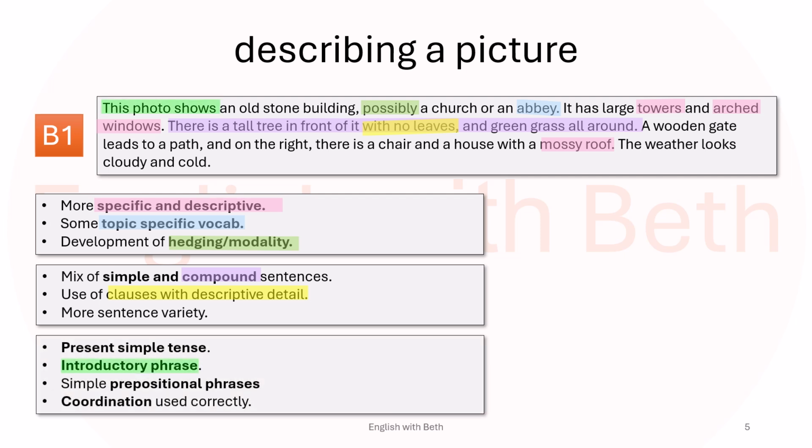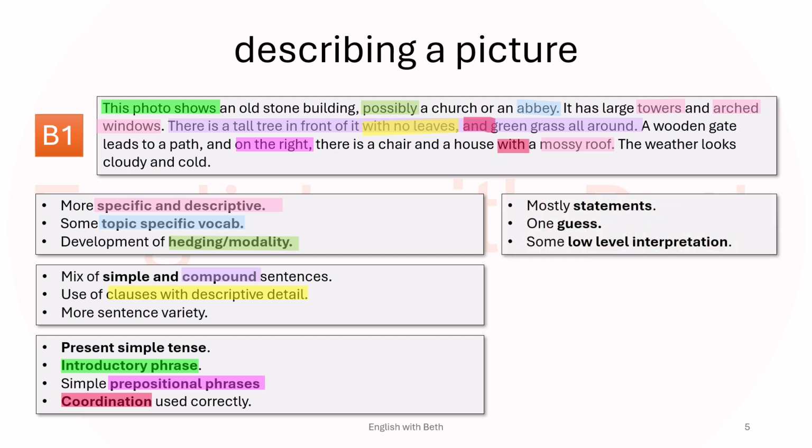We've used present simple tense and an introductory phrase here, this photo shows. We have simple prepositional phrases like on the right, and coordination is used correctly, so we have the coordinators and, with. The sentences are mostly statements. There is one guess and some low-level interpretation, so here the weather looks cloudy and cold.